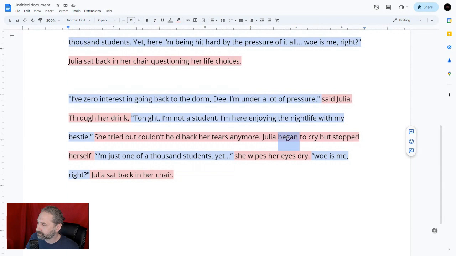Now, the reason is that began or start means that it's going to stop, because you're either doing it or not doing it. So "Julia cried" means that she's crying. However, if we want to stop it, "Julia began to cry," and then we accentuate the but, "stopped herself," or D stopped her, whatever.